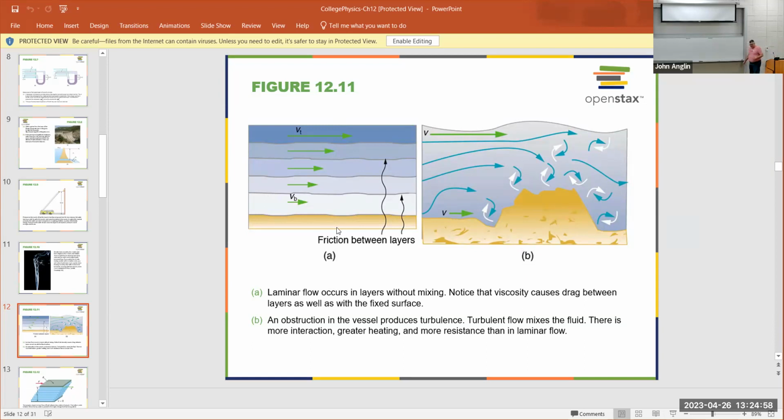If you're a geologist, you probably look at different types of rock, and you know that different particulates will float at different layers. Well, as long as those things do not mix, you can have these stratified layers of flow. So this is an example of laminar flow. In laminar flow, there's very, very low friction between the layers.